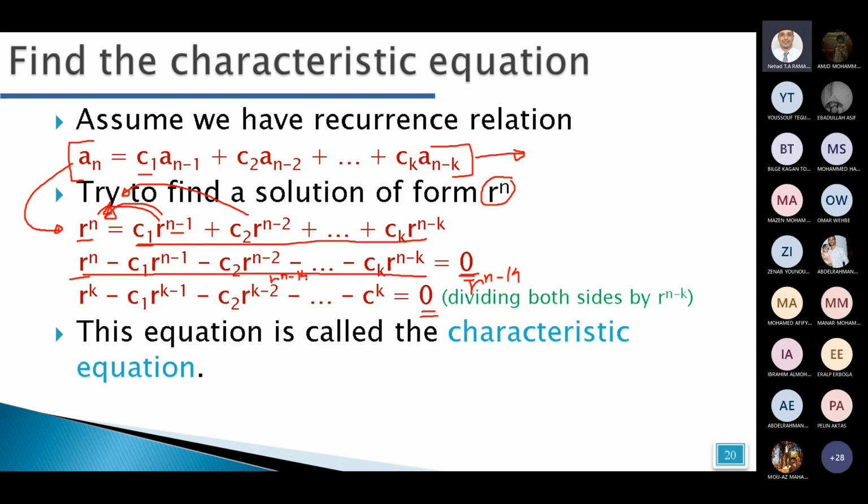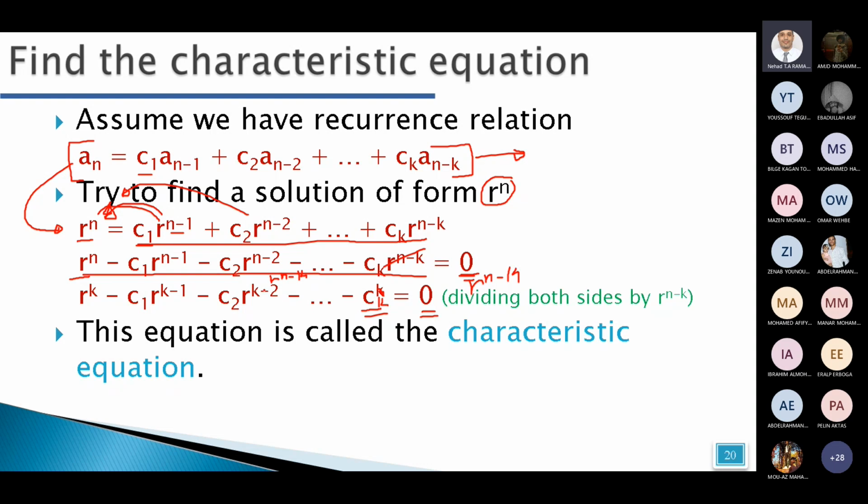This one, r^n divided by r^(n-k), gives r^k. We will define everything as c_k.